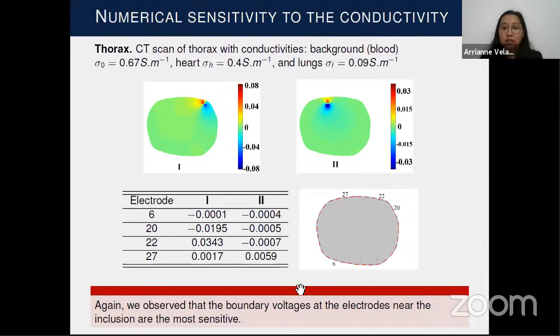So we observe the same conclusion here: the electric potential is more sensitive near the inclusion, and at the boundary, voltages are more sensitive if the electrodes are near the inclusion, right?